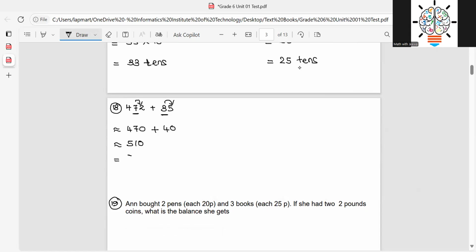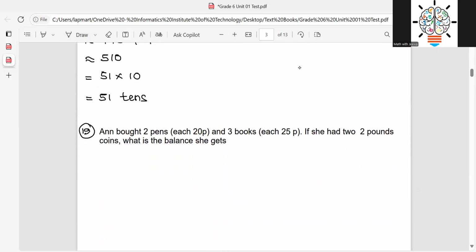So that means 51 multiplied by 10, and that is 51 tens, right? So then 47 and 4, no? So then it is 51 tens, correct. So then we will move to the next one.